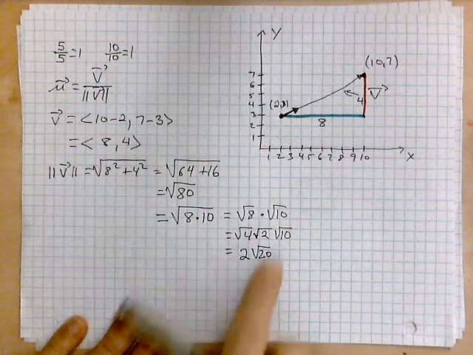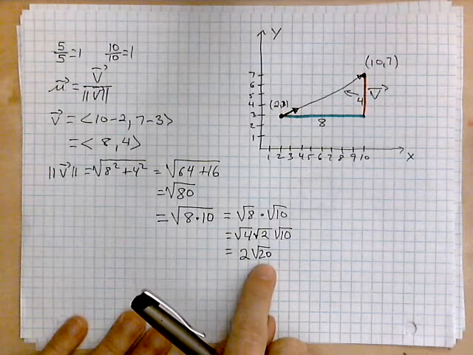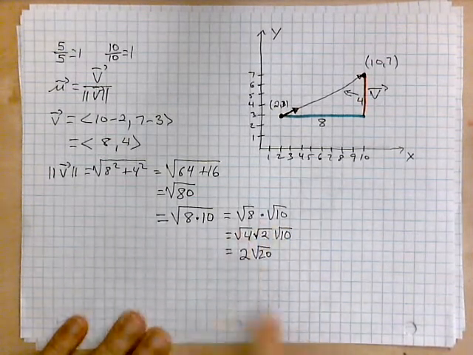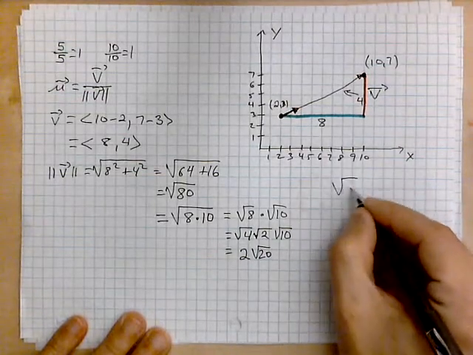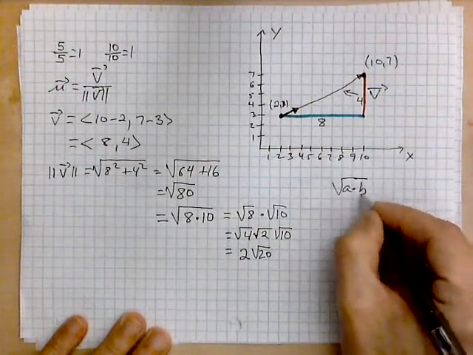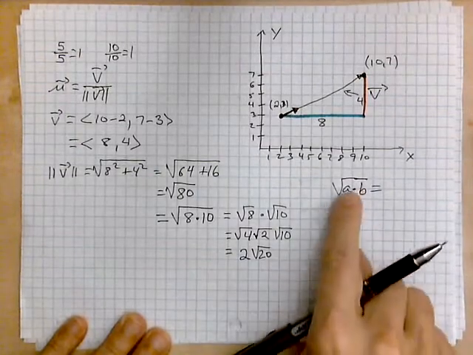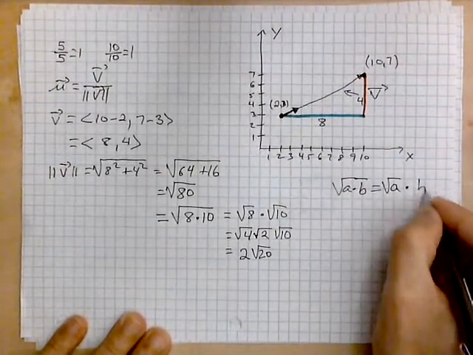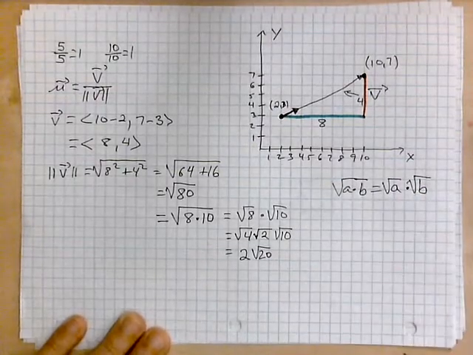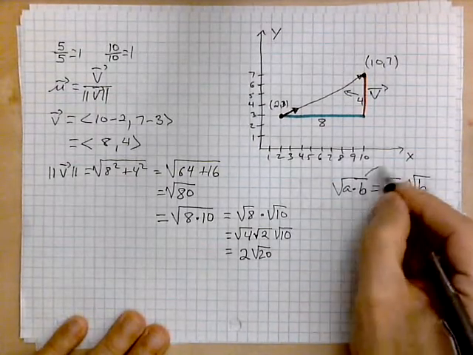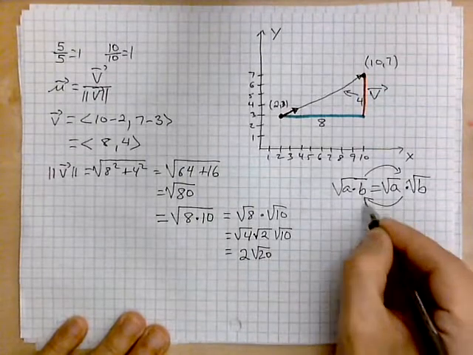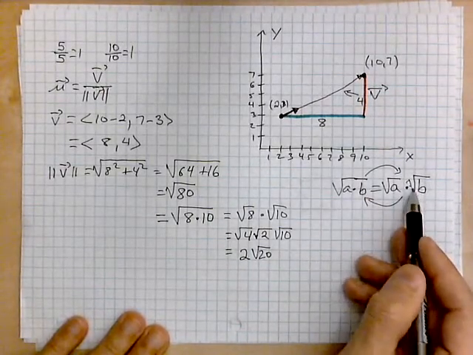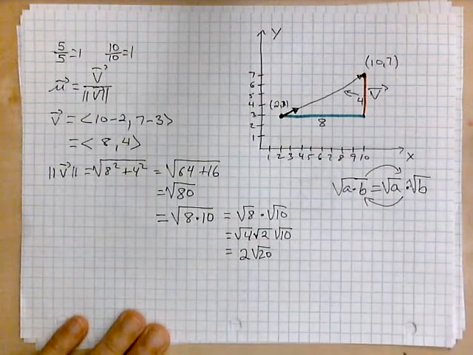Okay? If some of these operations seem unfamiliar, you may have to review them, but the big idea with these is this operation of taking square roots. The square root of a product is the product of the square roots, and it goes both this way and that way. So if you're given this, you can go to this, or if you're given this, you can go to that form.